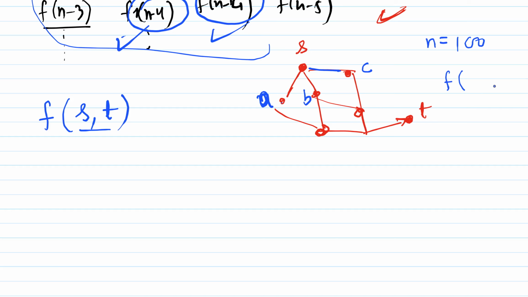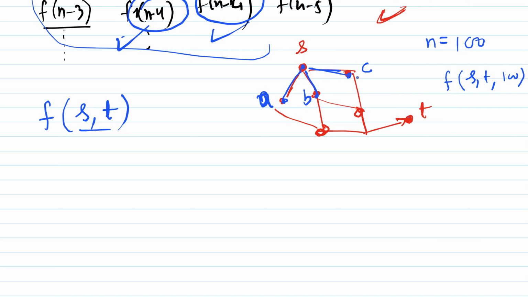Let's call it f(S, T), and we have 100 nodes. In order to find the shortest path from S to T, the first step that we have to take is one of these three. These three are the neighbors of S. So either your first step will be to A, or to B, or to C.